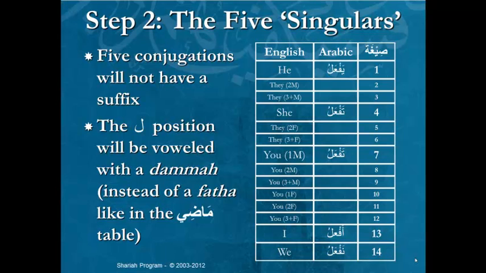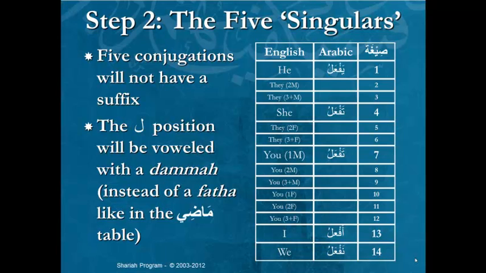So yaf'alu is he, taf'alu is she, the other taf'alu is you when you're speaking to one male, and those two are identical. So basically the same verb would be used when speaking about a female, and the same identical conjugation would be used when you're speaking to a male. And what allows that recycling is that the occasion of third person is radically different from the occasion of second person.